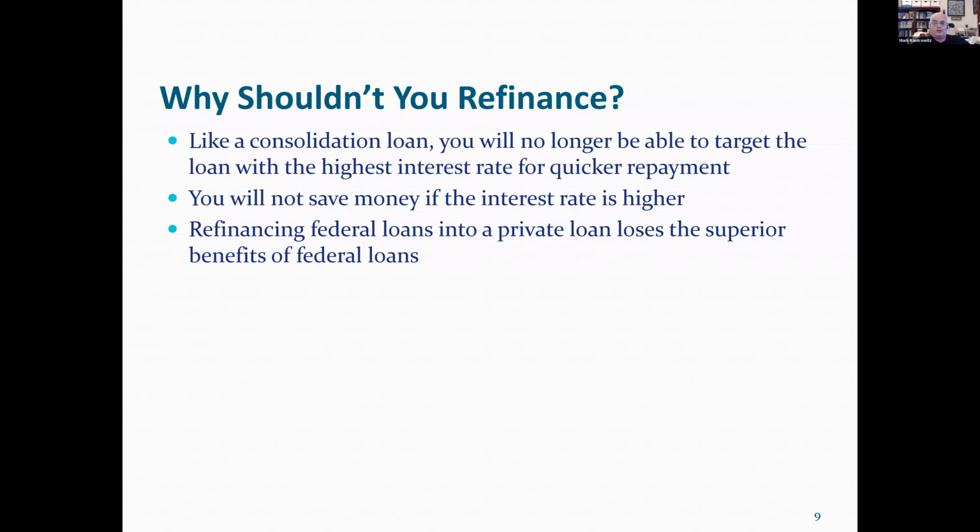Now, if the interest rate that you're getting is among those interest rates, then you're going to have lower costs on the loans that have a higher interest rate, but higher costs on loans that have a lower interest rate. So you might want to be selective in which loans you refinance.